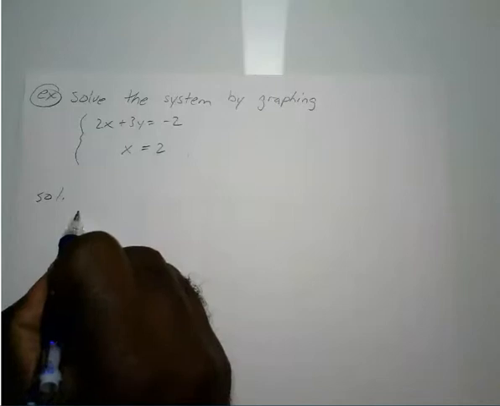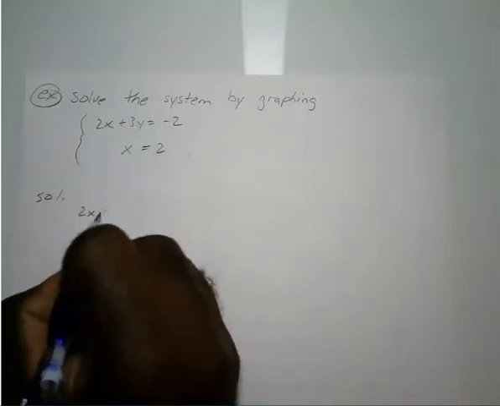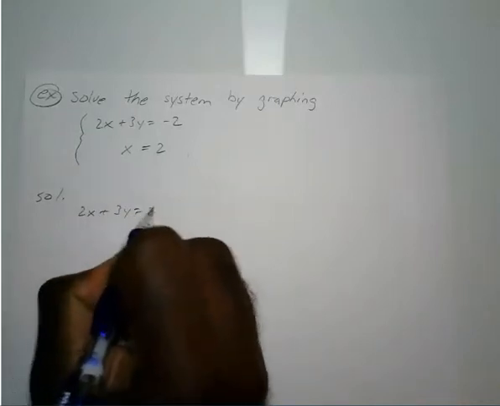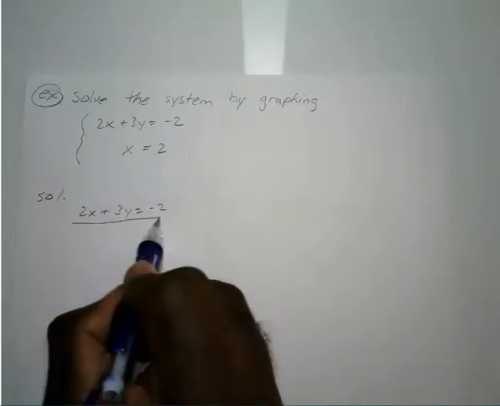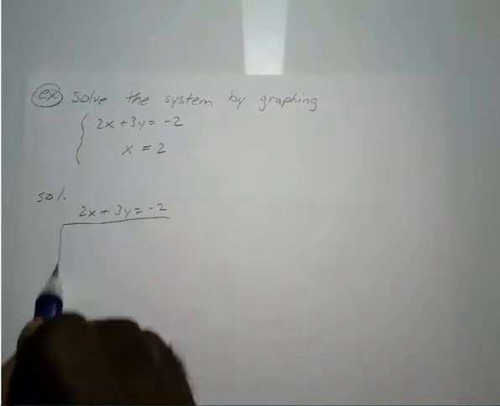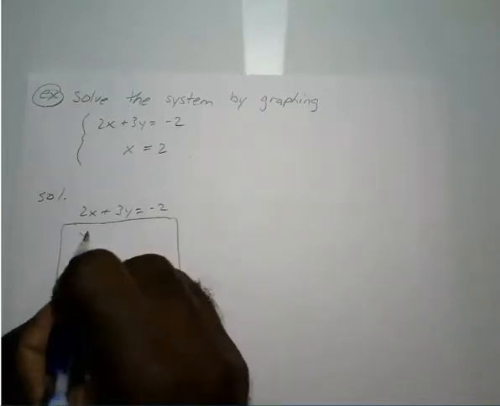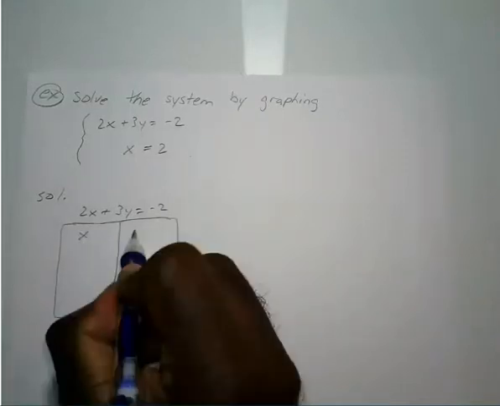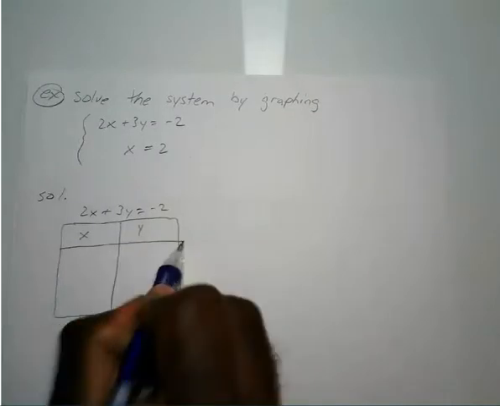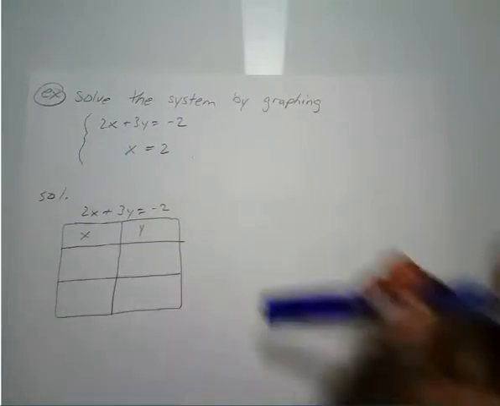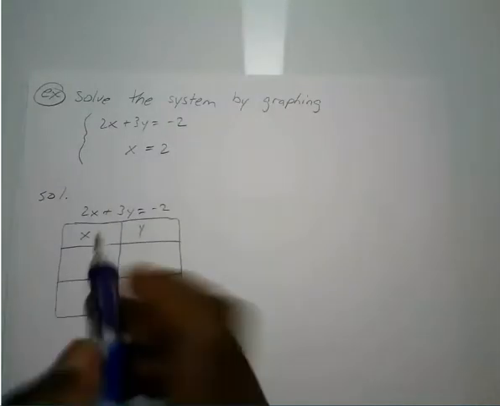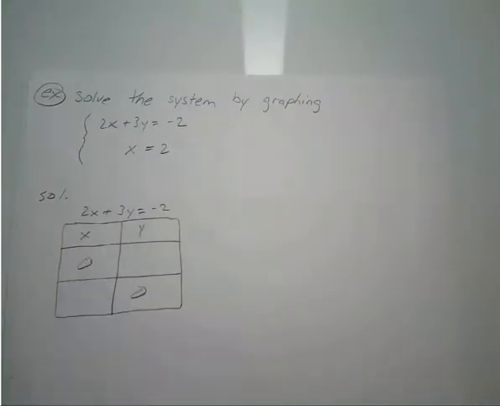Okay, so if we have our 2x plus 3y equals -2, and if we go ahead and make our little table here, so we have our x, we have our y, and we just have to pick two values. Again, I'll make x equals 0 and y equals 0 for no other reason than pure convenience.